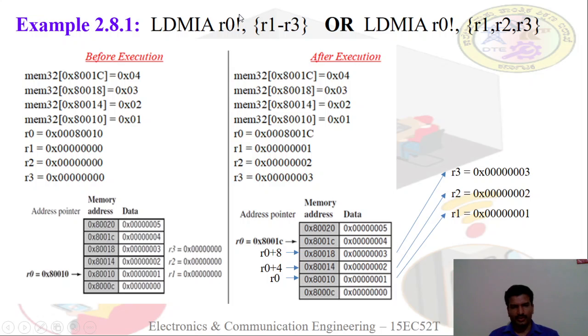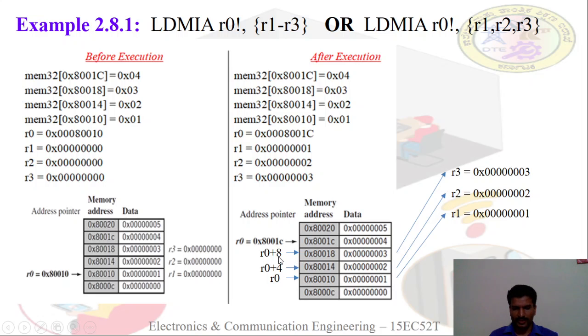Here we have used the exclamation symbol in the instruction. So R0 is updated. Now the symbol is present, so Rn is updated with the ending address. Now the ending address is 8001C. After load, what will happen? It will increment by 4.